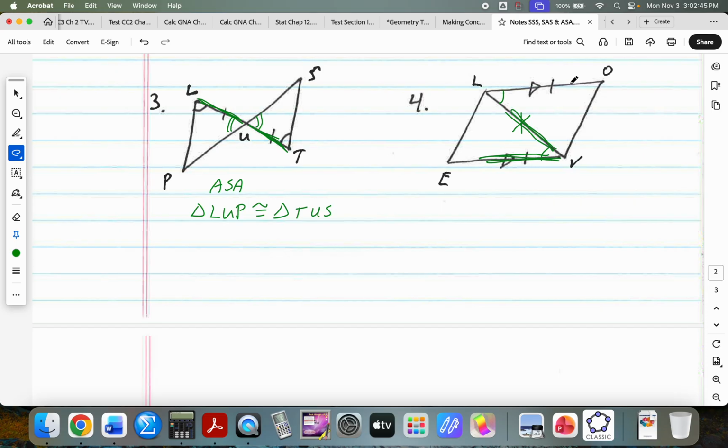And on the second triangle, is the angle that's marked congruent in between the two sides? Yes. So that's side, angle, side. That's why it's called side, angle, side. And let's say I named the first triangle LVO.